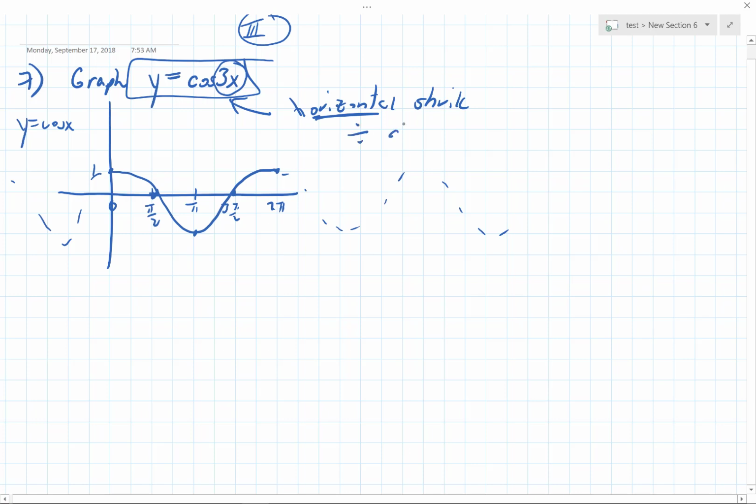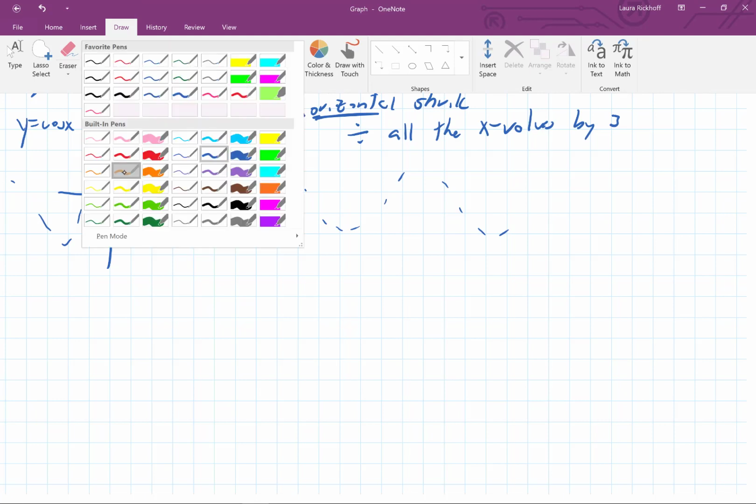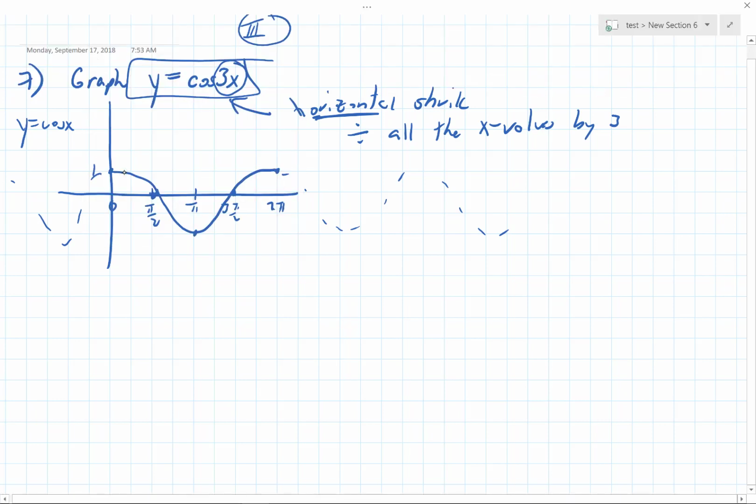So you're going to divide all the x values by 3. So if I do that, instead of ending at 2 pi, I'm going to end at 2 pi thirds. So I'm basically dividing all these by 3, and it'll shrink so that it ends at 2 pi thirds.